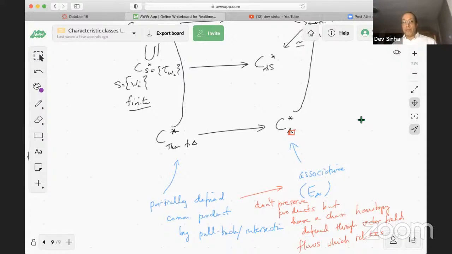So this is kind of trying to have both geometry and commutativity, but partial definedness, and all the rigid simplicial algebra, or cubical actually, in the same picture.